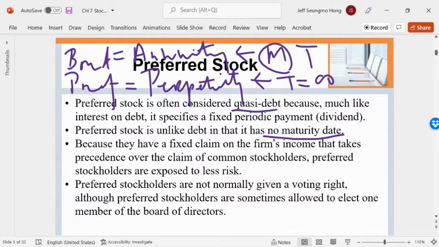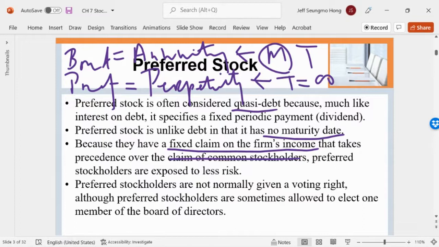Because they have a fixed dividend, it is a fixed claim on the firm's income that takes precedence over the claim of common stock. No common stock can pay dividends before paying dividends on the preferred stock.